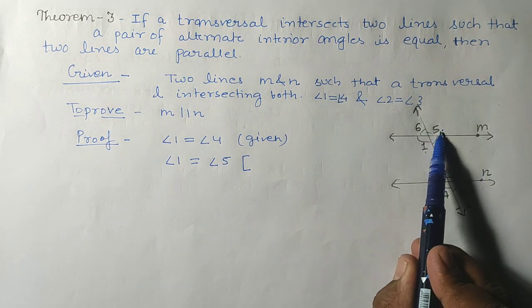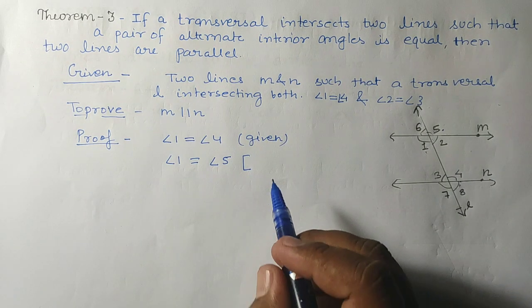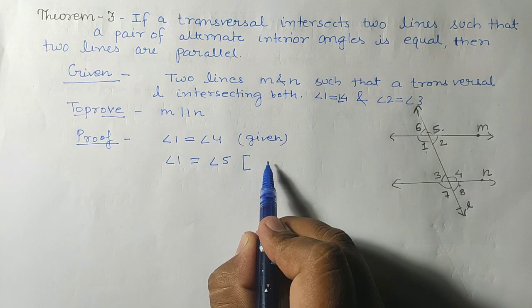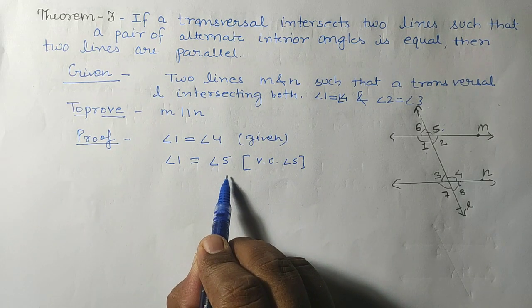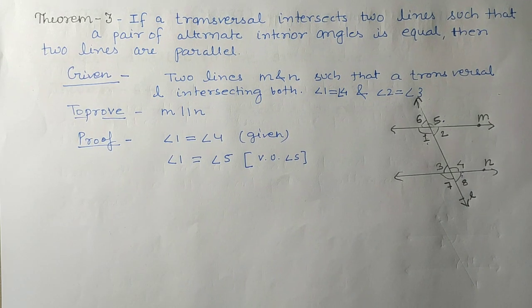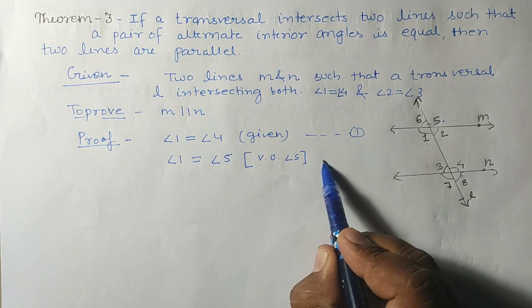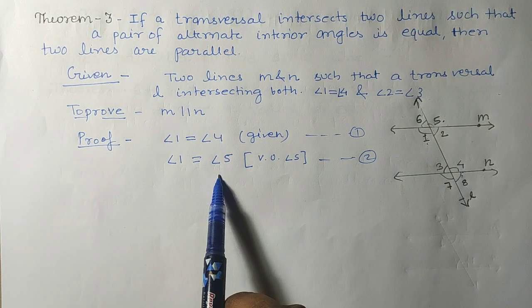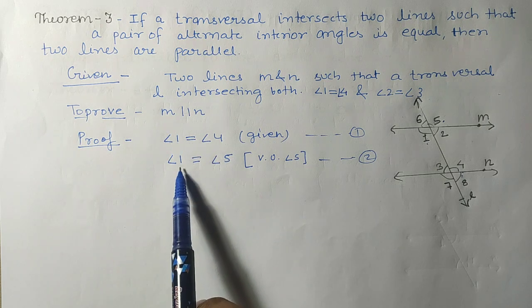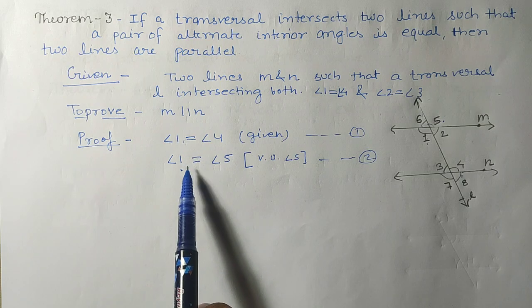So we'll write here: angle 1 is equal to angle 5 because of vertically opposite angles. Suppose this is equation 1 and this is equation 2. In both equations you can see that the left hand sides are equal: angle 1.